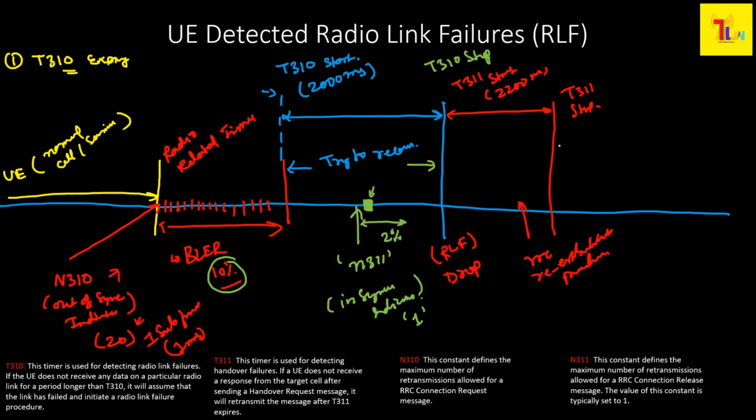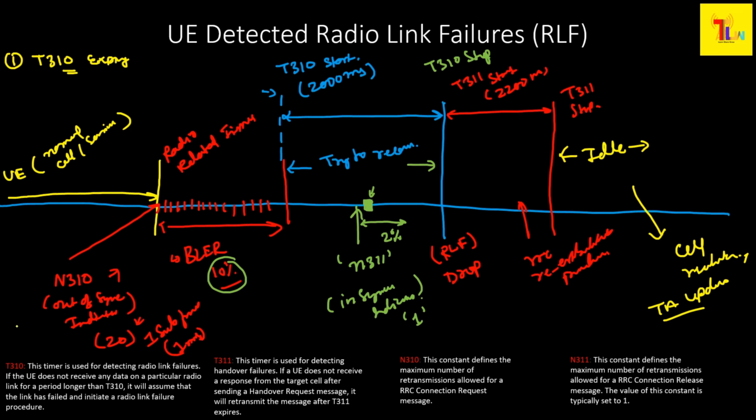Once your T311 stops, at this point it goes back to idle mode. And once it goes to idle, it will go for the cell reselection procedure, and it will do the tracking area update and all, to latch on to another cell.